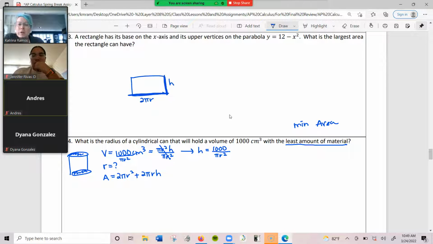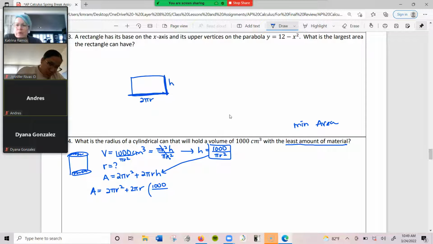Okay. So we're going to take this. This is h, and we're going to plug it in here for h. So this is for A, my area: 2 pi r squared plus 2 pi r times the 1000 over pi r squared. So here the pi's would cancel, and one of these radius will cancel as well.